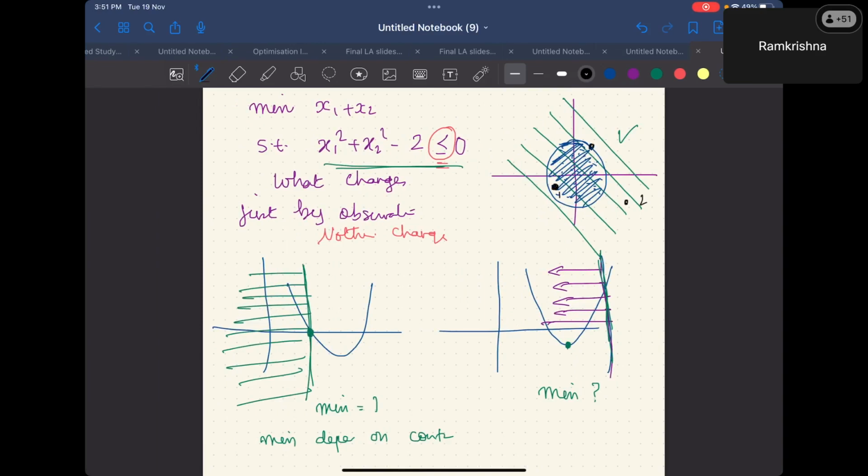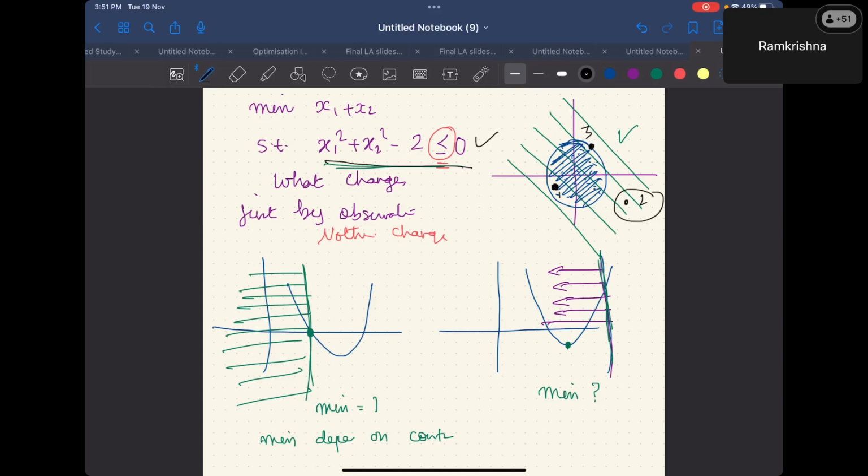Is point number 3? Only 1 and 3 are feasible points, because point number 2 does not satisfy this constraint. So the only points that are feasible or of interest are the ones which satisfy this constraint set.